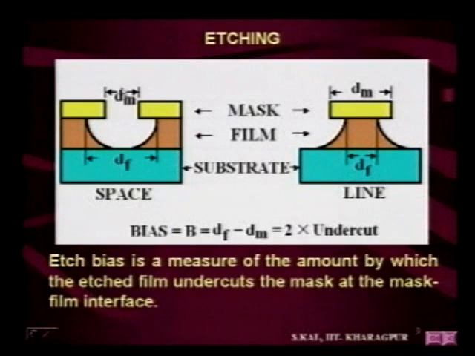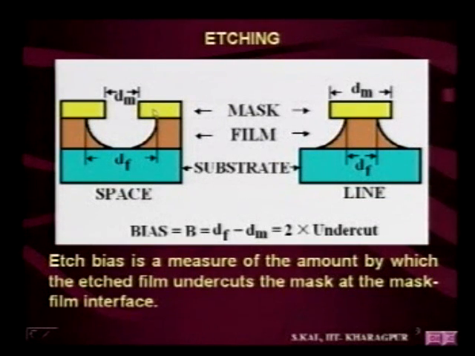The etch rate by the etching medium, that medium may be liquid, that medium may be plasma. If I concentrate on wet etching, then the liquid etching medium will etch vertically at a rate, and if that etch rate is the same in the lateral direction also, then you will get an etch profile like this.